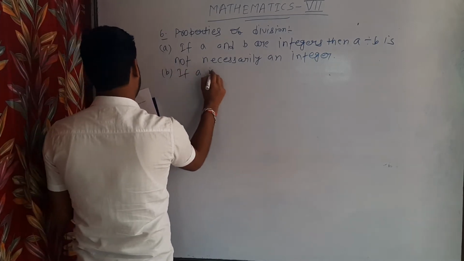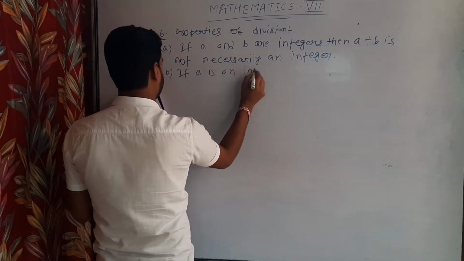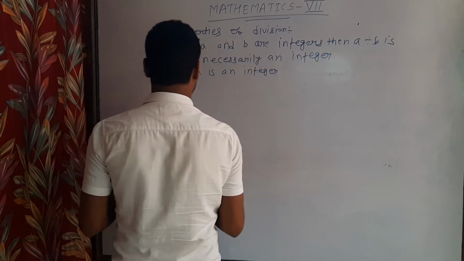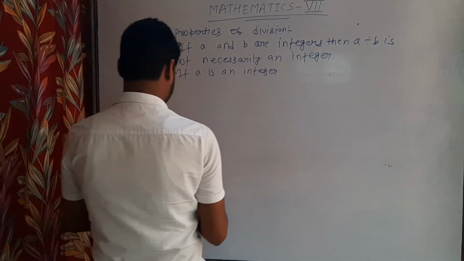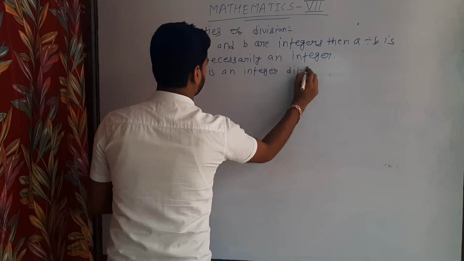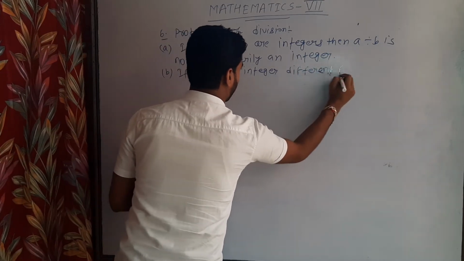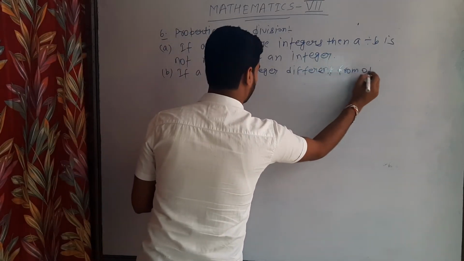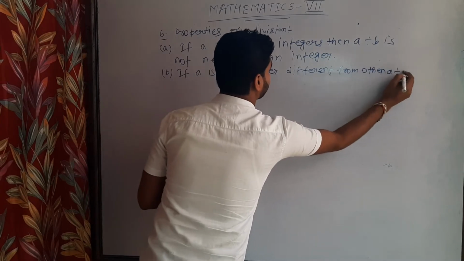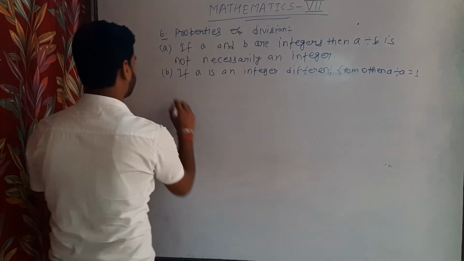If a is an integer different from 0, then a divided by a is equal to 1.